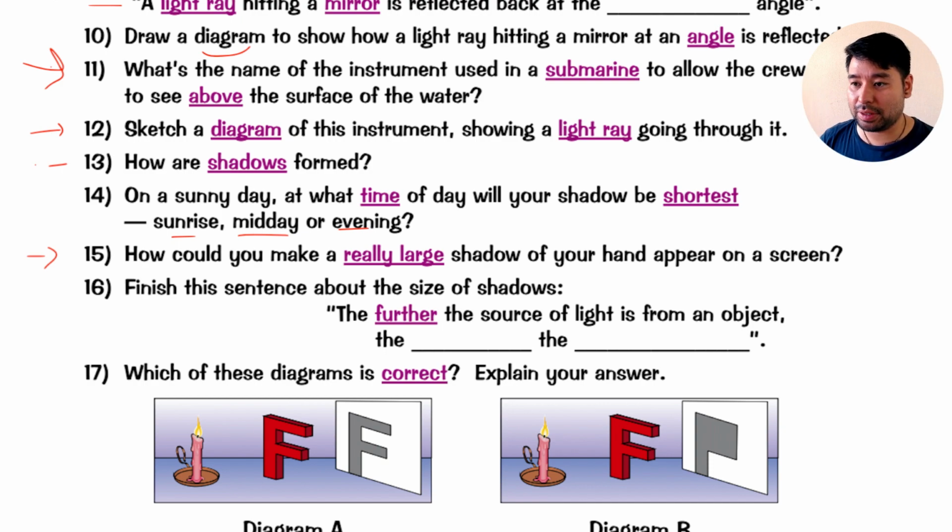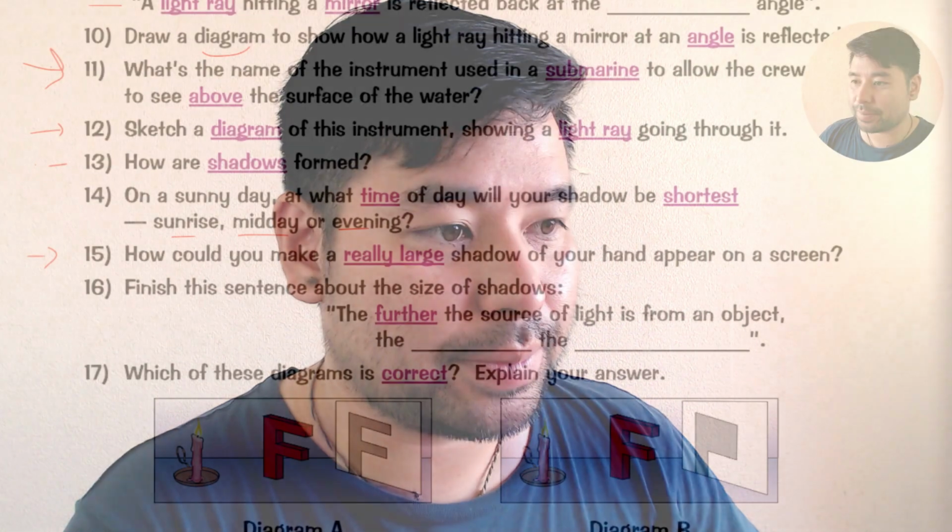So that is the meaning of the word further. If the source of light, like maybe the flashlight or the sun, is too far from the object, so what happens with the shadow? Is it going to get bigger or smaller? Remember, we have seen this today. So this is what is being asked here.